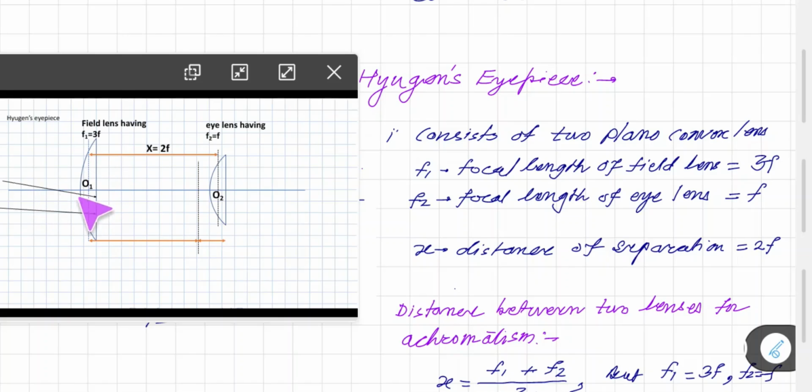The rays coming from the objective of the telescope are incident directly on the field lens, and later they refract. Let us consider if the field lens is absent, then the objective of the telescope is actually forming an image at this point. That is one important thing.